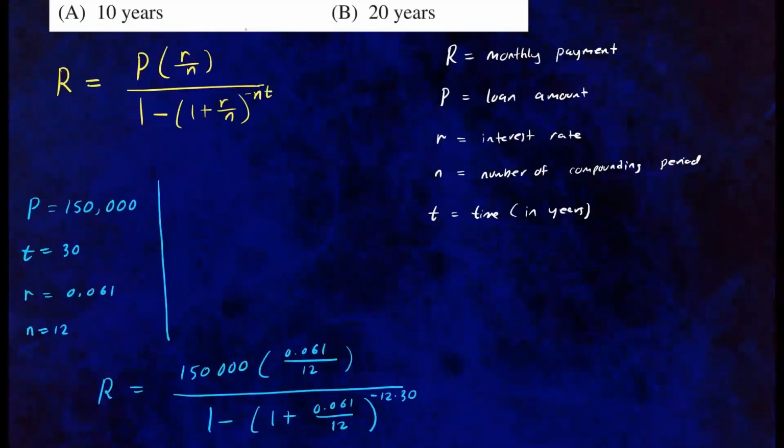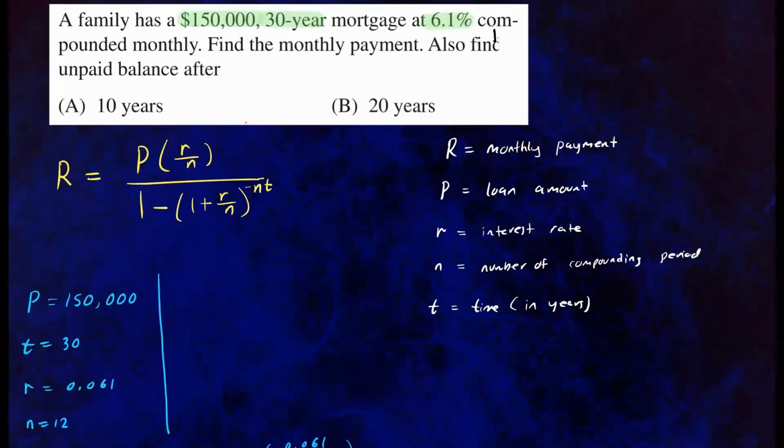Now we can take a look at the second part of this problem, which is: what is the unpaid balance after 10 years? What that really means is we want to know what the loan amount will be for the remaining 20 years. If you take off 10 years from 30 years, you'll have 20 years.